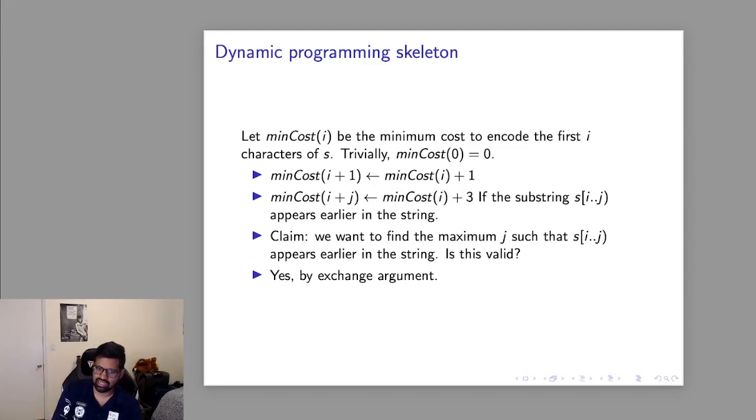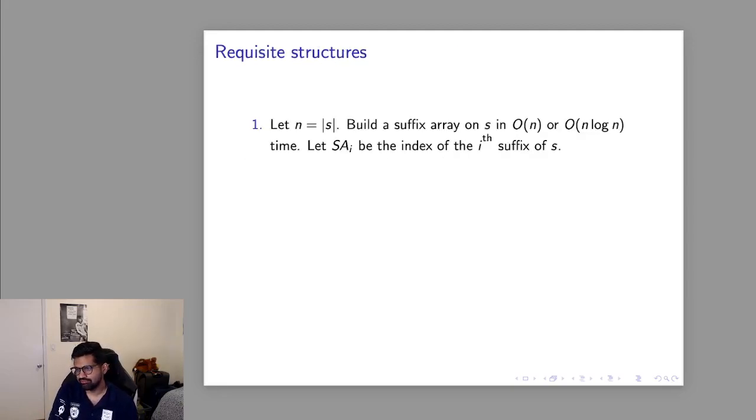And before we solve that, I'm going to introduce some structures and show you how to find the longest common prefix of 2 substrings in sublinear time. So first we build a suffix array. A brief reminder, a suffix array is a sorted list of suffixes of a given string. It's important here that we build this suffix array in sub-quadratic time, because again, n can be 10 to the 5th.